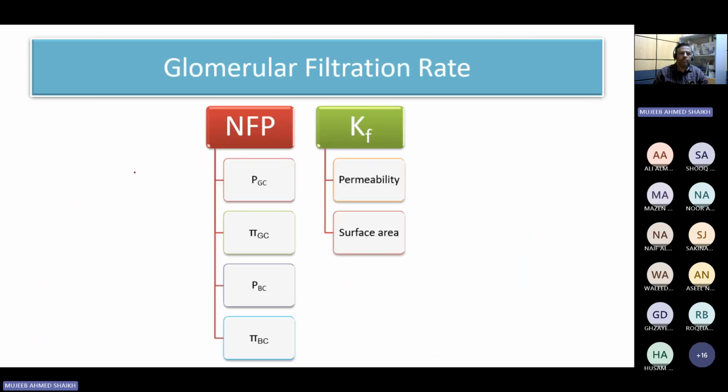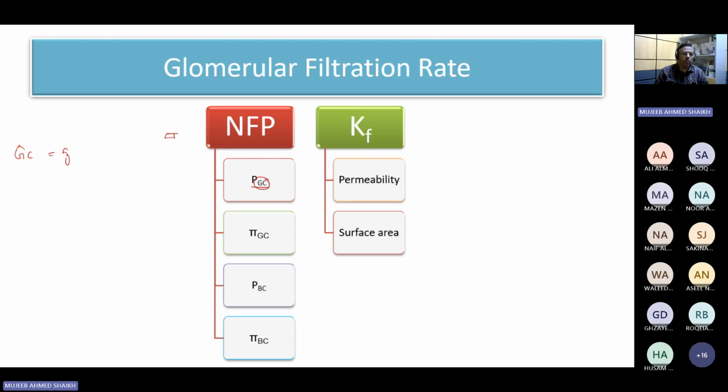So basically, as we said, net filtration is nothing but the resultant pressure of four things. One is PGC. What does this GC mean? Glomerular capillary. Yes, good.